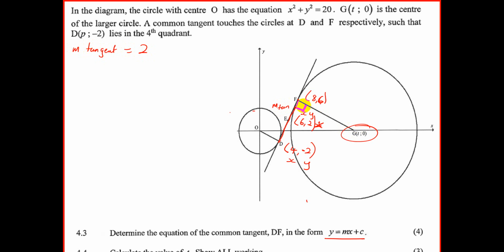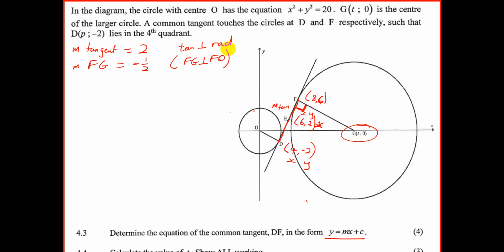If FG is the radius, we know that the gradient of FG would be negative half. And that is because FG is perpendicular to FD, since the tangent is perpendicular to the radius.